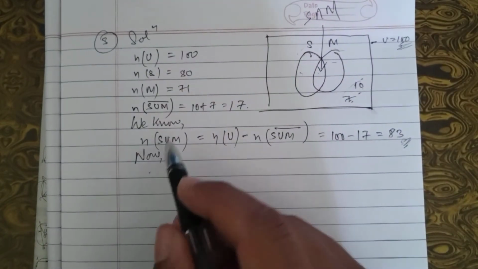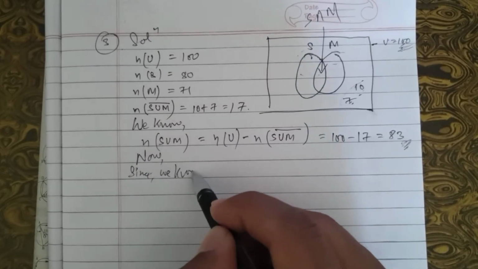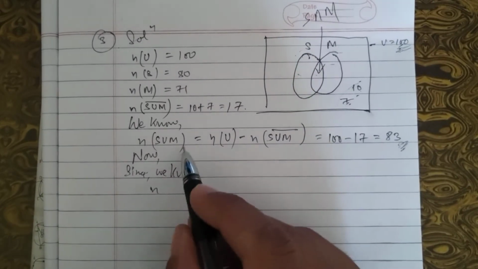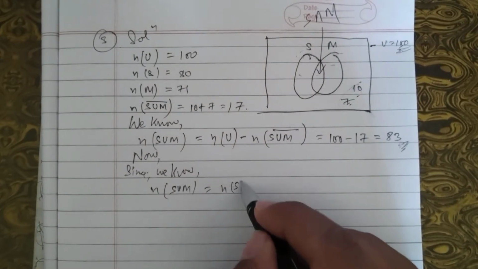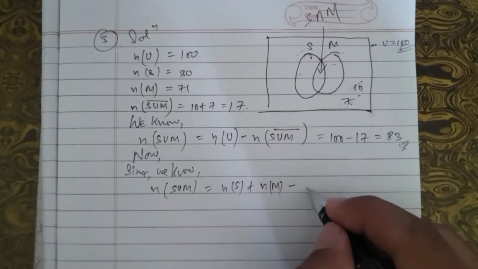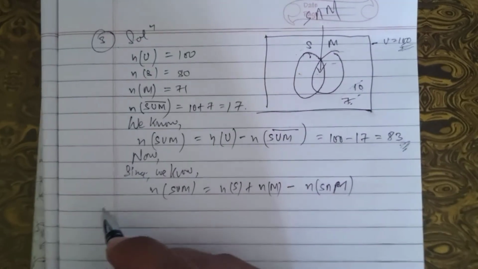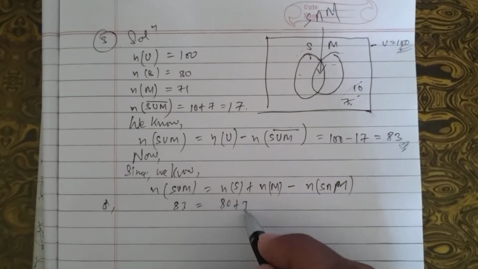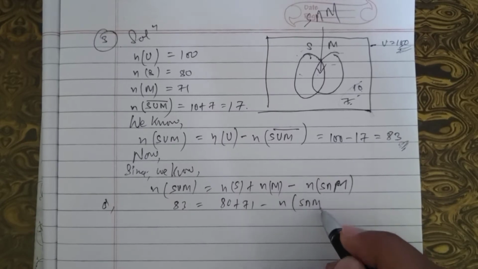So since we know n(S union M) is equal to n(S), the students who passed in science, plus n(M), the students who passed in maths, minus the students who passed in both, right? So let's just put in the values. 83 equals 80 plus 71 minus n(S intersection M), since we don't know the students who passed in both, so we'll just leave that as it is.